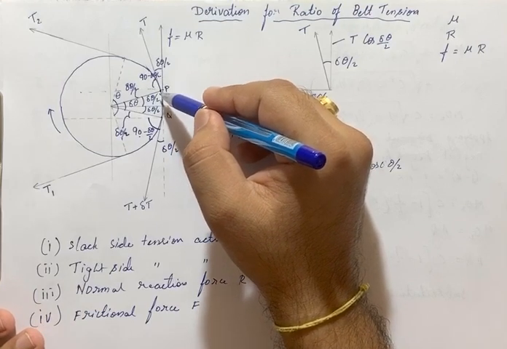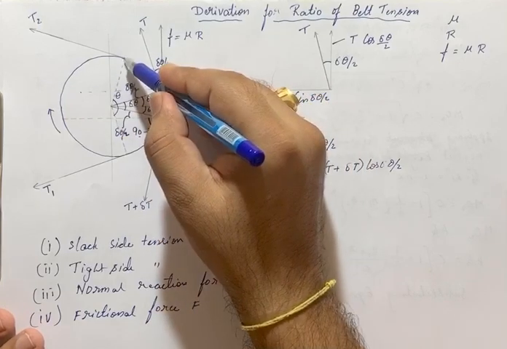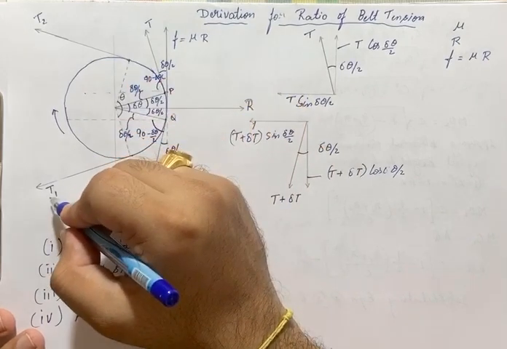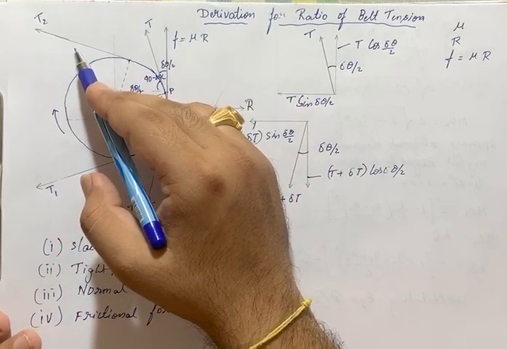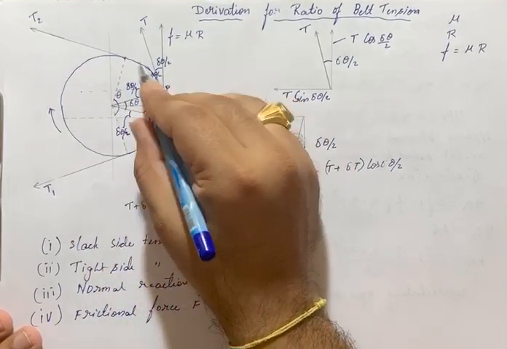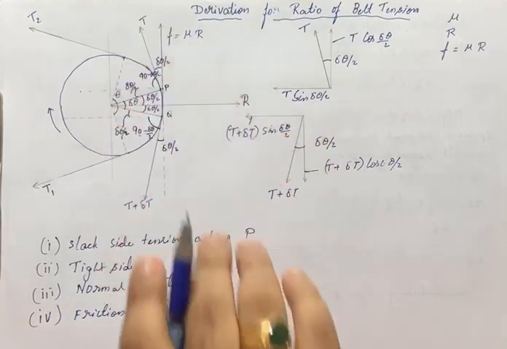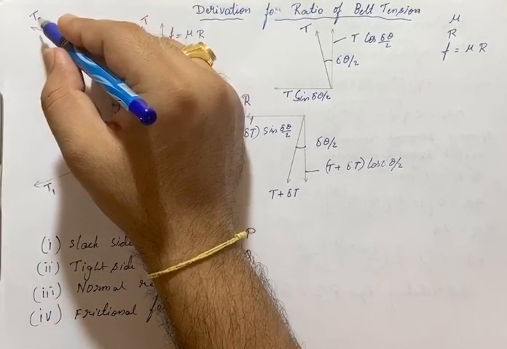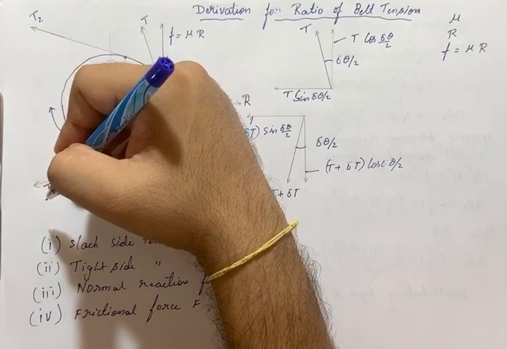But we need to consider from this point to this point, that is from tension T2 to T1, and theta from 0 to the actual complete theta. Why T2 to T1? Because T2 is the tension in the slack side and T1 is the tension in the tight side.